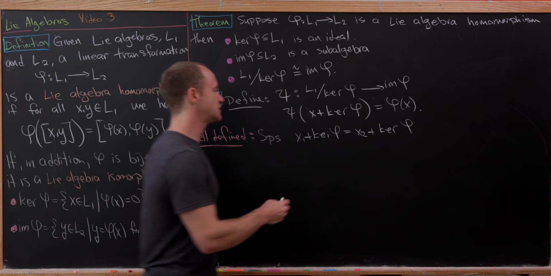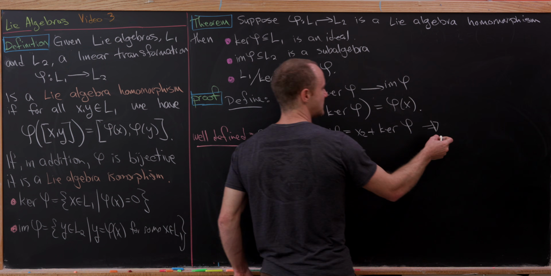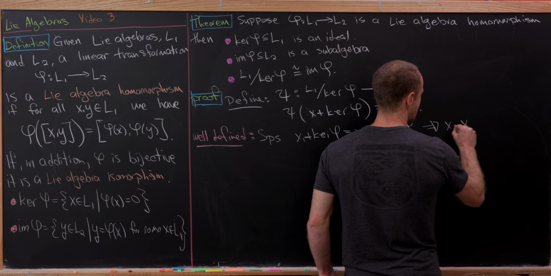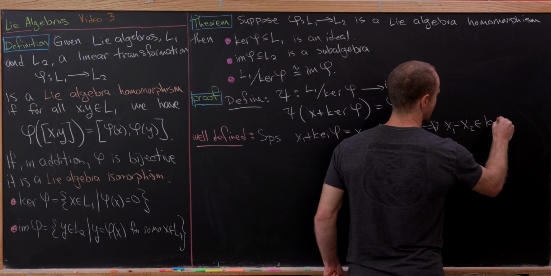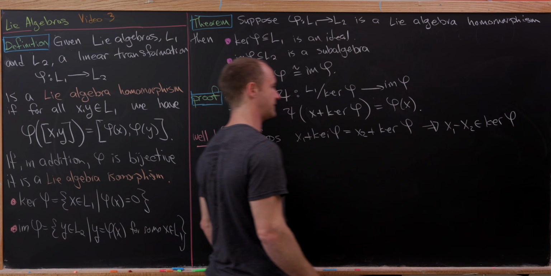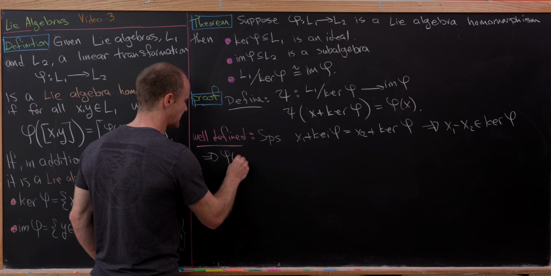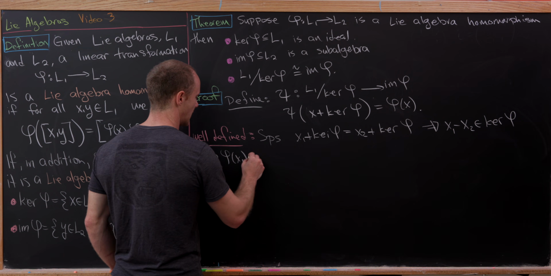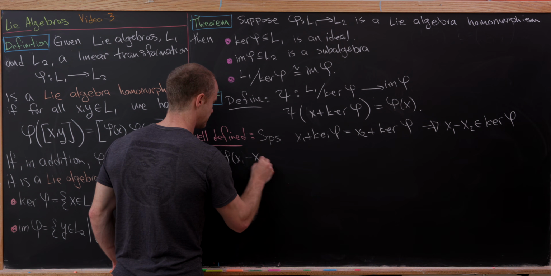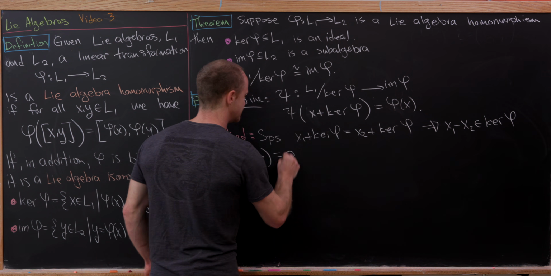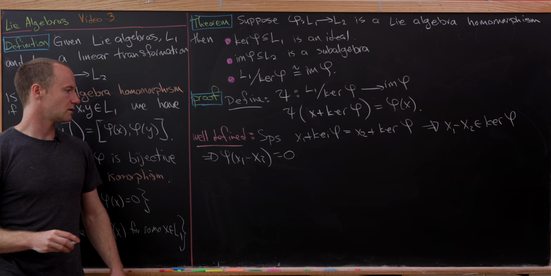Those two cosets being the same means that x1 minus x2 is inside of the kernel of phi. That means that phi of x1 minus x2 is equal to 0. That's what it means to be in the kernel.